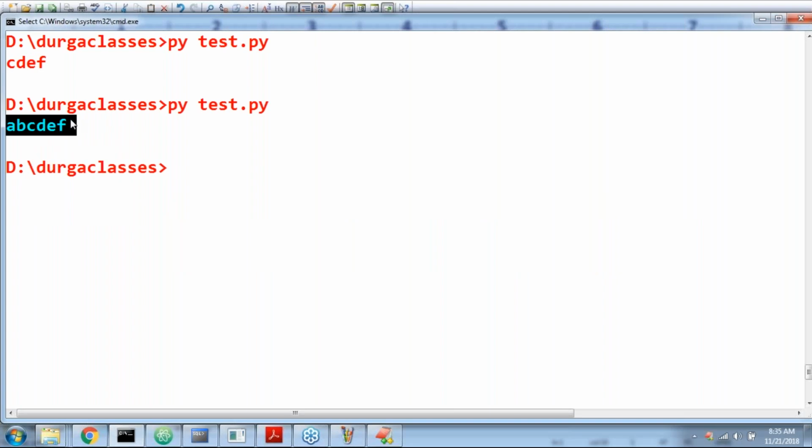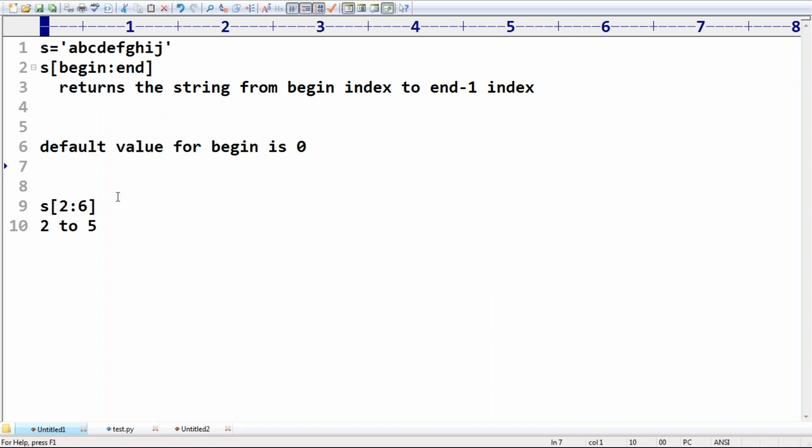If you are not specifying the end index, the default value for the end index is the length of the string.